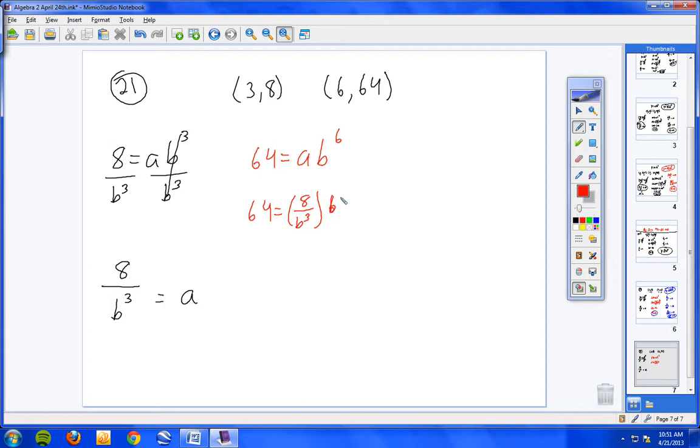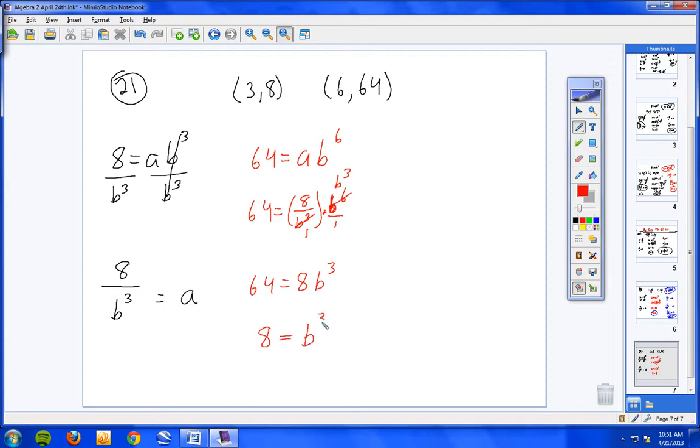All right, so I can simplify the right side. I'll do that very quickly. Put this over 1. They're multiplying. Take away 3 b's, so I'm left with b to the 3rd. 8 times b cubed is 8b cubed. Divide both sides by 8. You will get 8 equals b cubed.